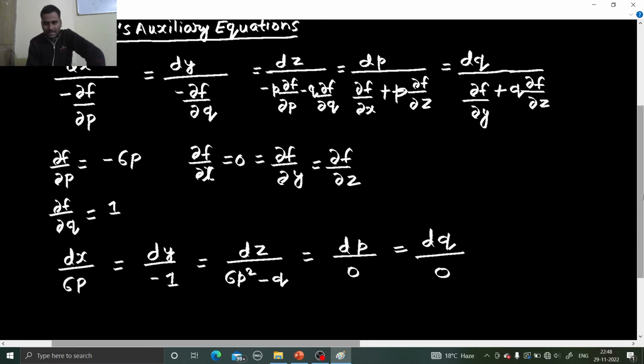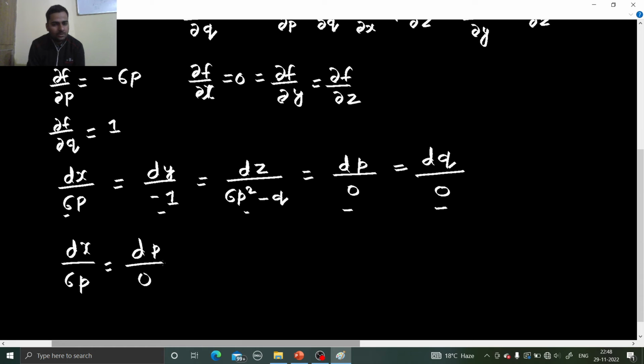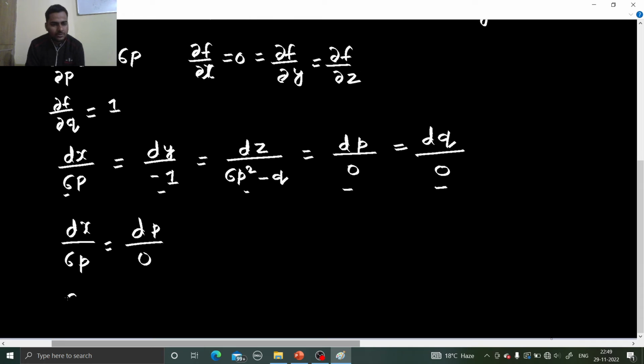So this made our life a bit simpler, because if you equate this to any of these three, so if I equate the fourth one with the first one, dx by 6p equals to dp by 0, so I will get dp equals to 0, thereby giving me on integration p equals to some constant, let's say a. So there I get my first equation, p equals to a.